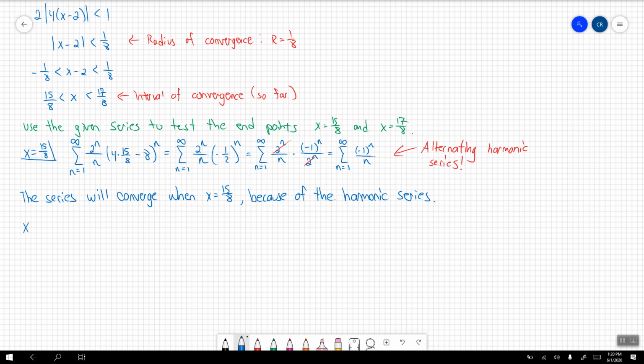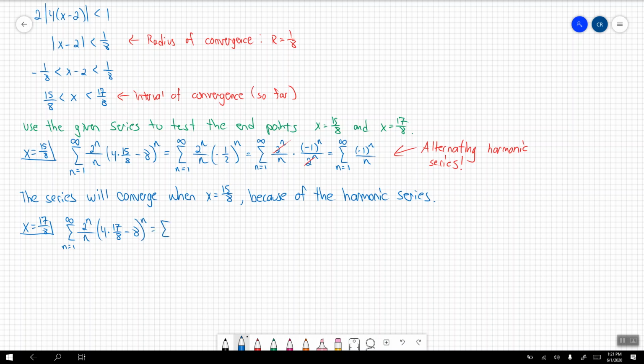Now I'm going to look at x equal to 17/8 and see what's going to happen here. All right, so let's start looking at this. This is going to be 2 to the power of n divided by n, and this is going to be 4 multiplied by 17/8, minus 8, to the power of n.